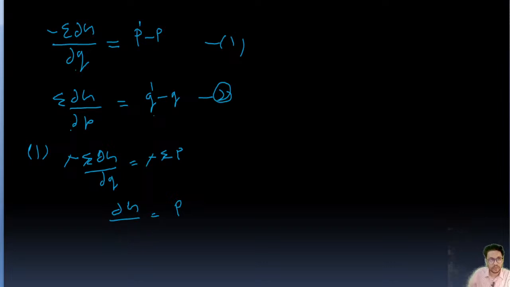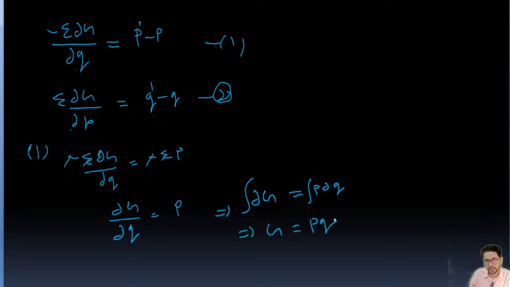So del G equal to P del Q, and we'll integrate it. So this value is going to be G equal to PQ.